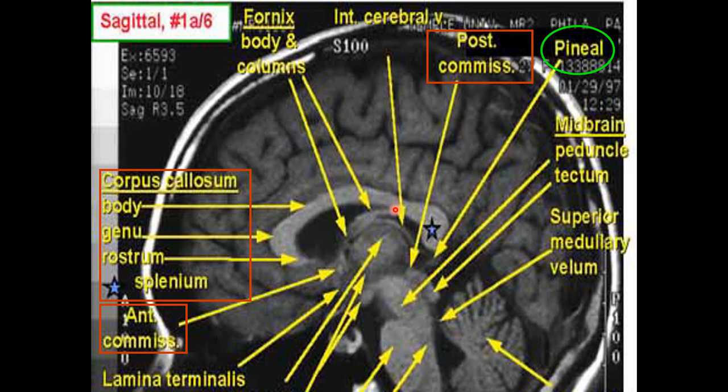And if you look carefully, you can see this thing just inferior to the corpus callosum, and this is the fornix that we talked about also as part of the commissural fibers.